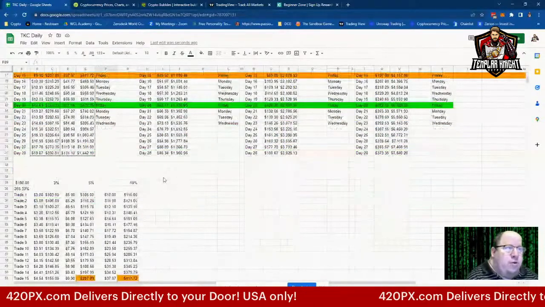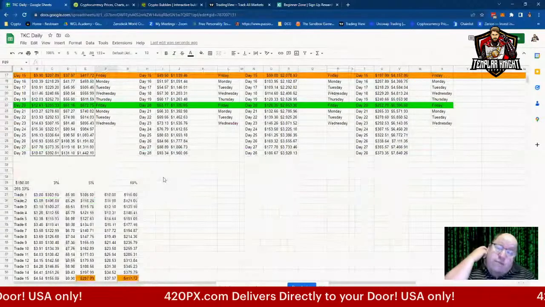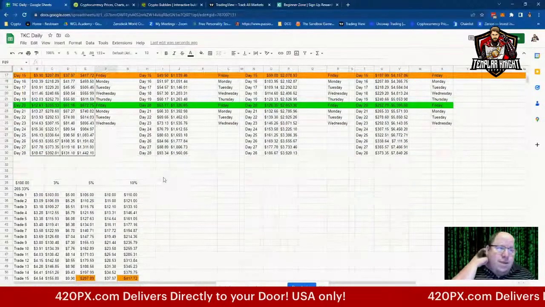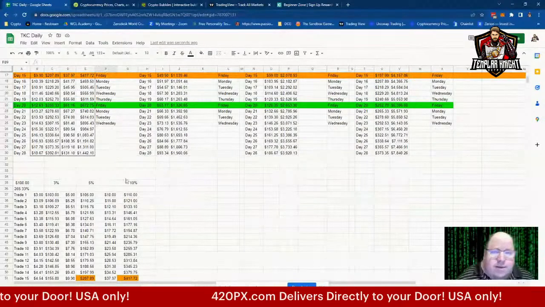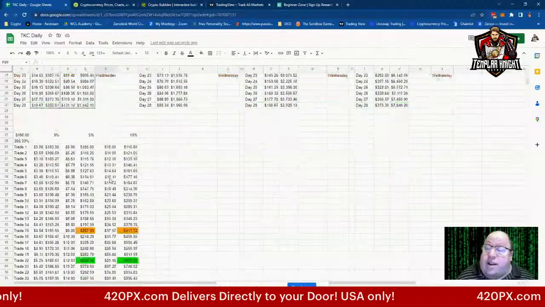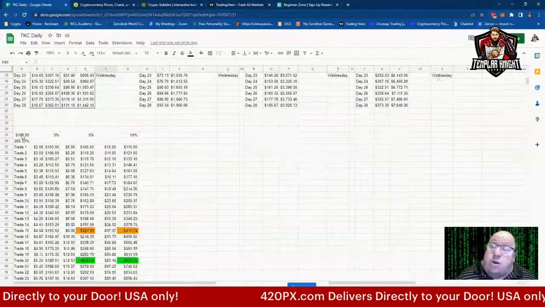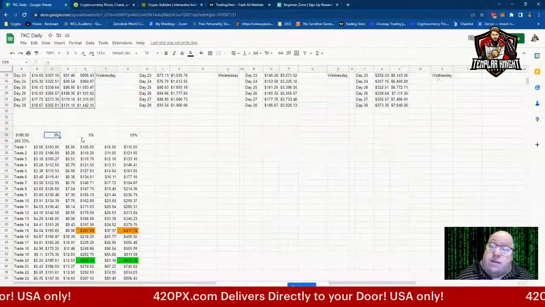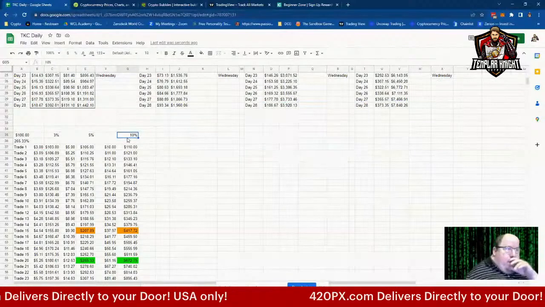We may not be doing all the trades live here on our show, but we'll have more trades. But again, we want to have a strategy. We want to have a goal, and so what I've created now is something that's going to show us a 3% compound, a 5% compound, and a 10% compound.